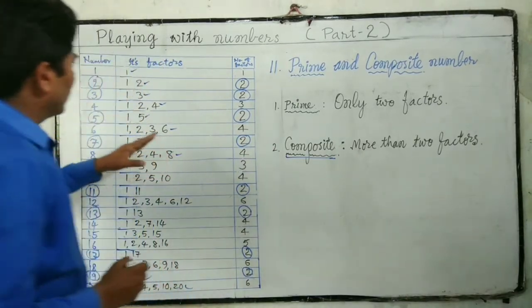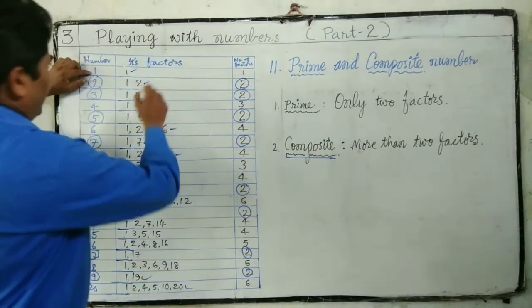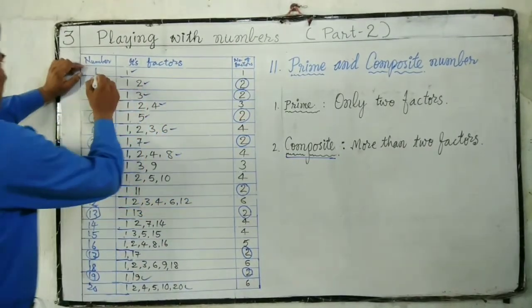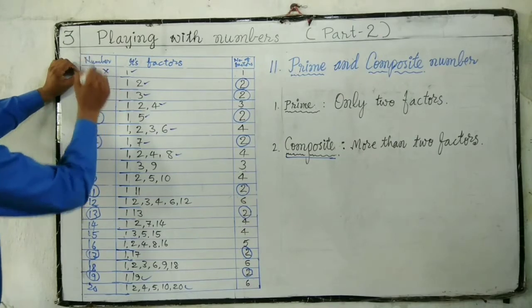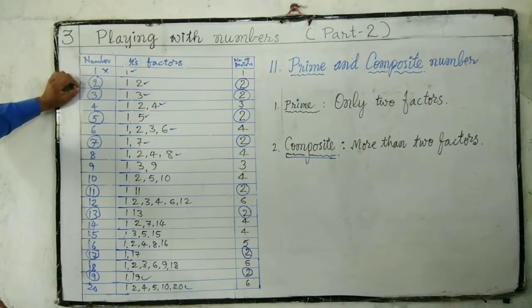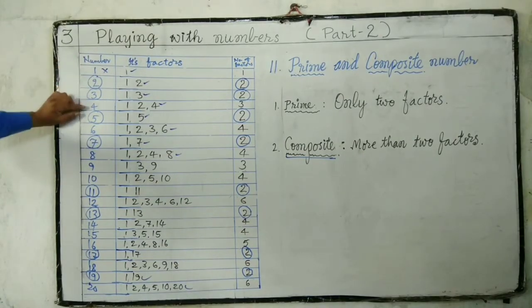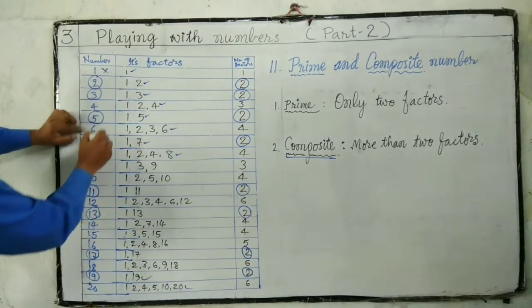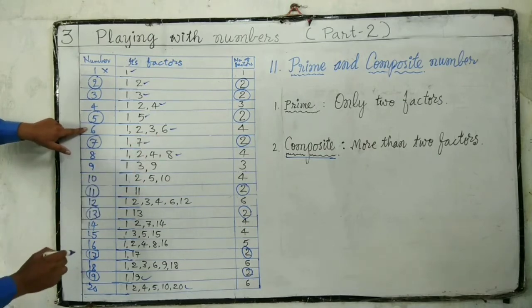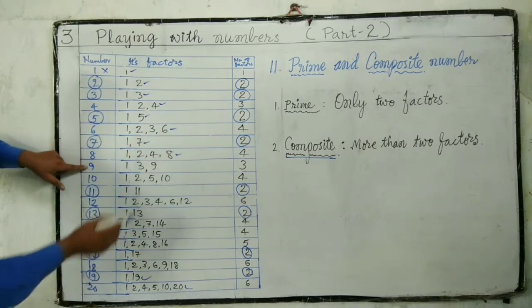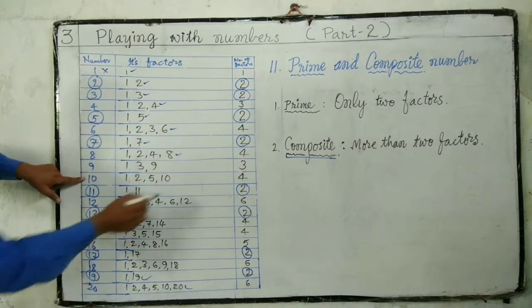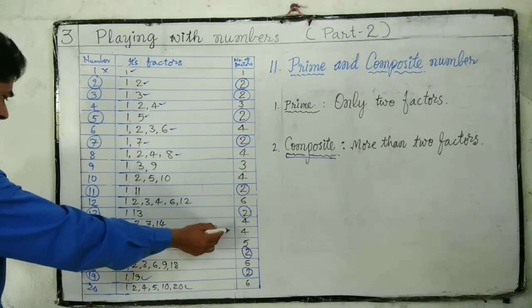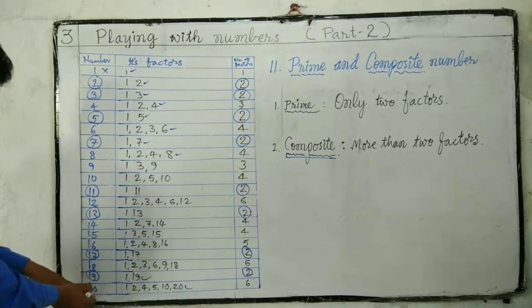In this, 1 has only 1 factor. So 1 is neither a prime nor a composite number. After this, 4 has 3 factors, 6 has 4 factors, 8 has 4 factors, 9 has 3 factors, 10 has 4 factors, 12 has 6 factors, 14, 15, 16, 18, 20.